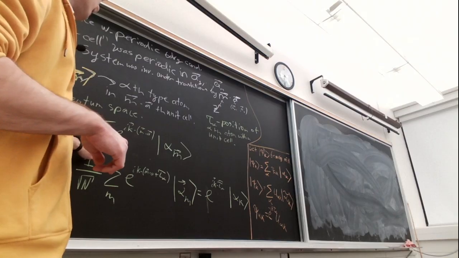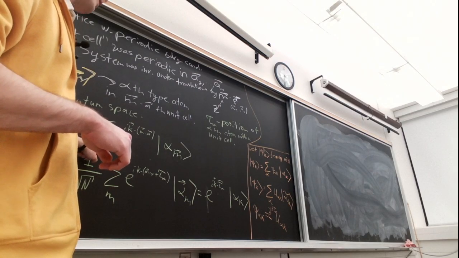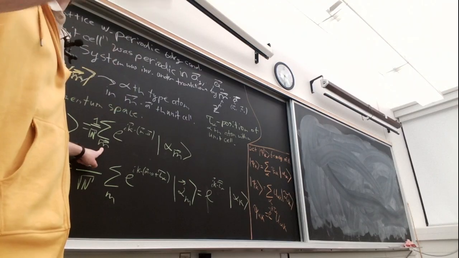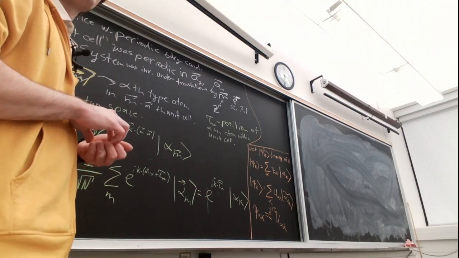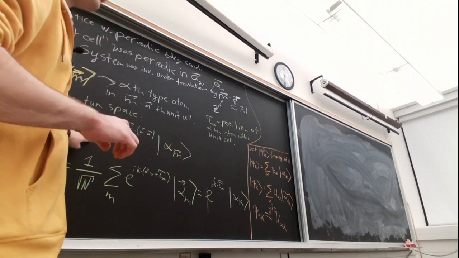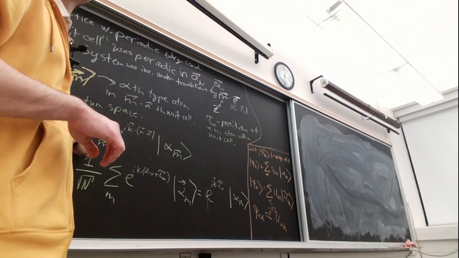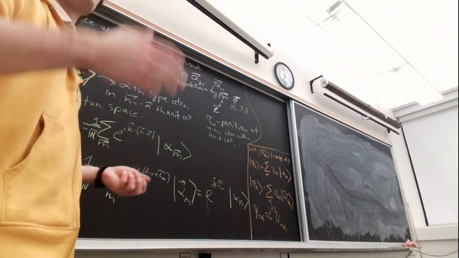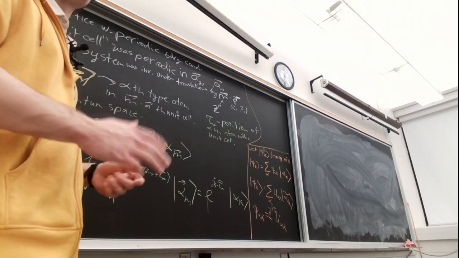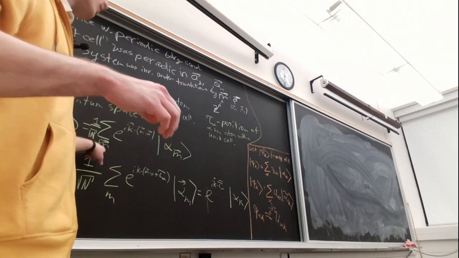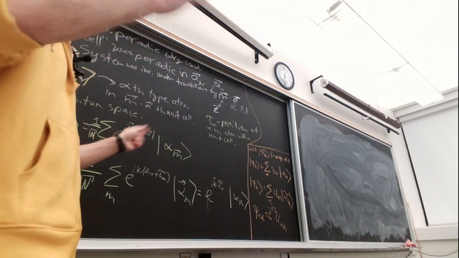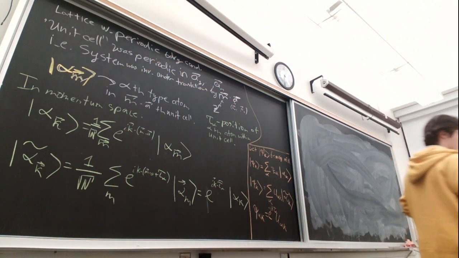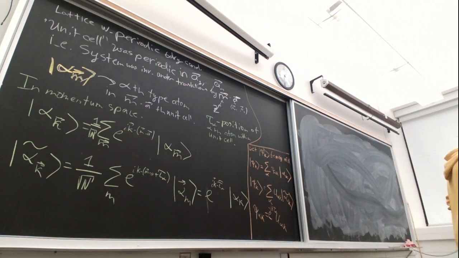And this sum over m is also only over the unit cells in the sample. And that's why you need this normalization factor of 1 over root n. This calculation is implicitly in a finite sample, but if you wanted to do a truly infinite calculation, you'd replace this with an integral and take some limit.